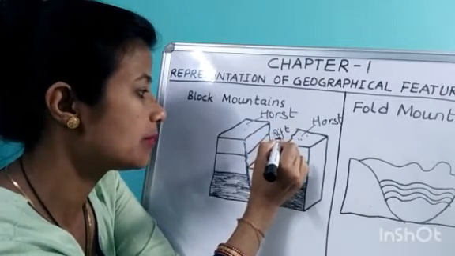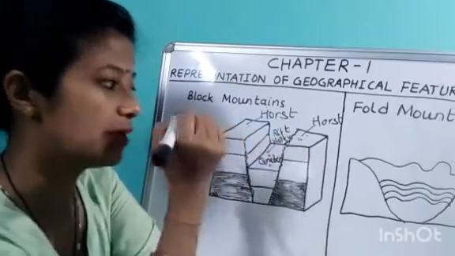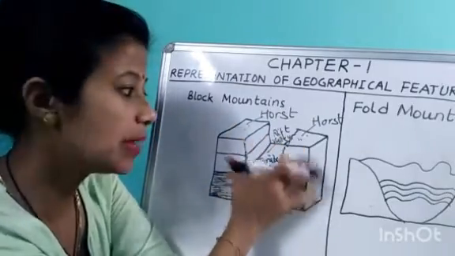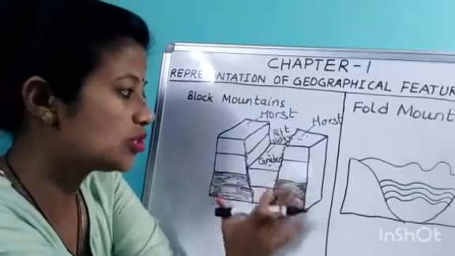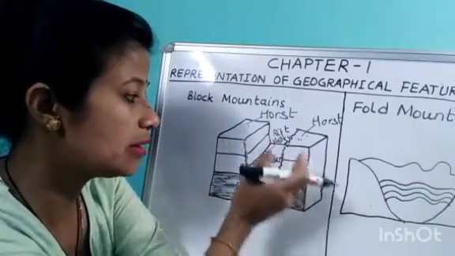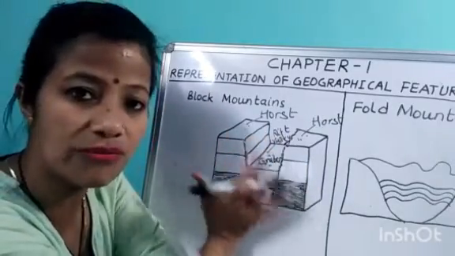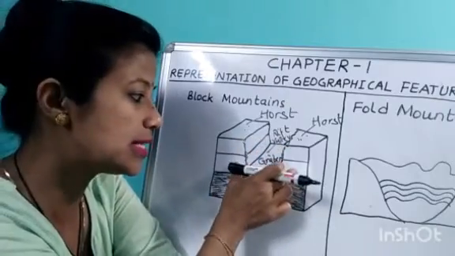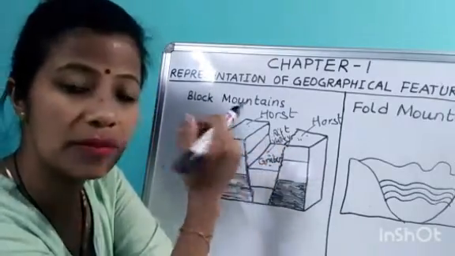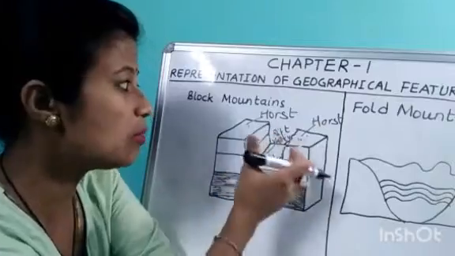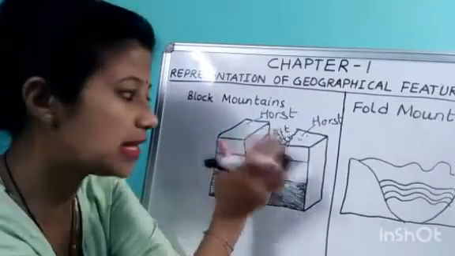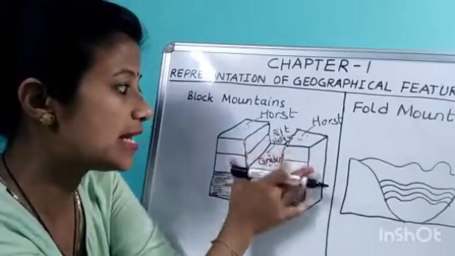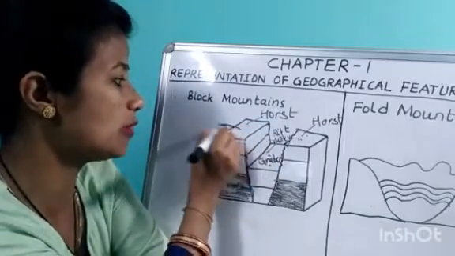When the question is given to draw the formation of Rift Valley, you will draw this diagram, and if the question is the formation of block mountain, that time also you will draw the same. That time this will be the block mountain.